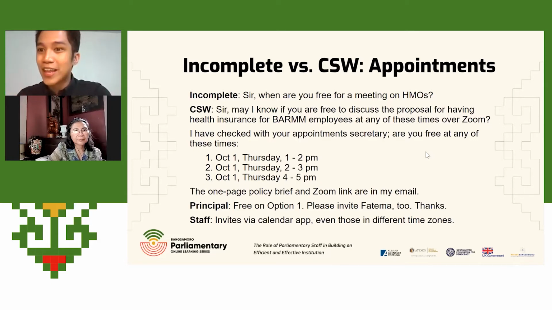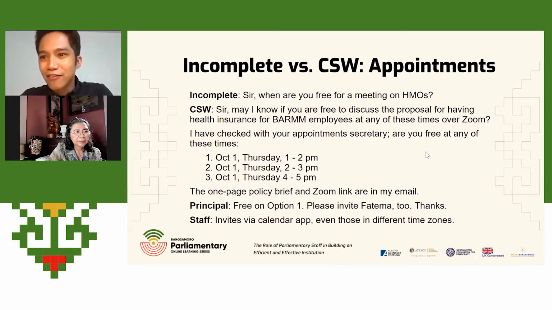The principal would then say, instead of having a very long back and forth with you on that request for appointment, your principal will just say, Option 1. Please invite Fatima too. Thanks. So what this did is it reduced that back and forth that normally caused delays in the bureaucracy to just one exchange between you and your principal.